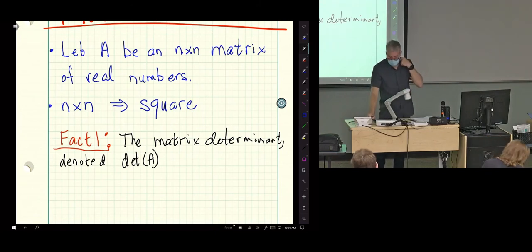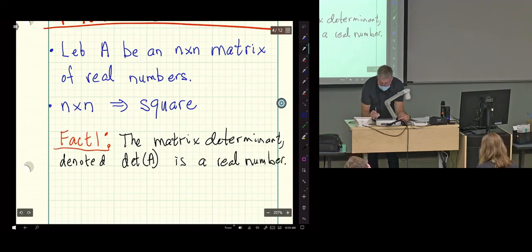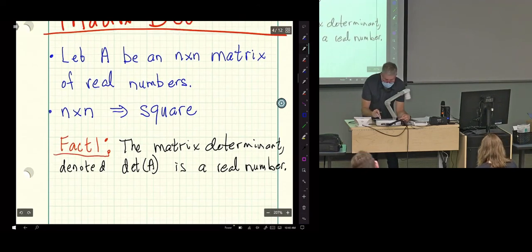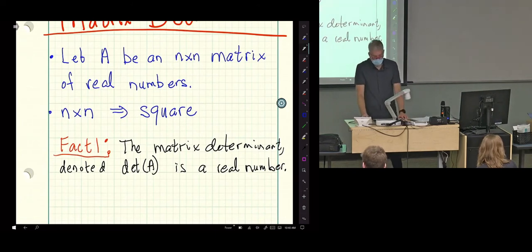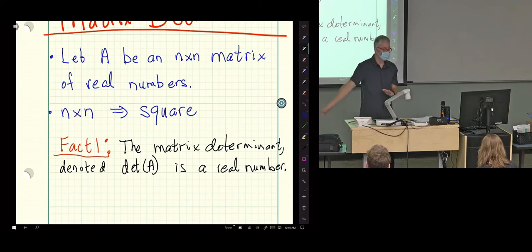We're going to call it det, short for determinant, is also a real number. So this is going to be a function that operates on matrices and returns real numbers.